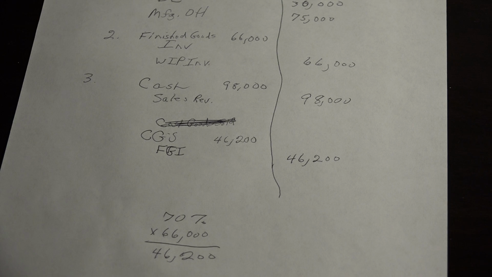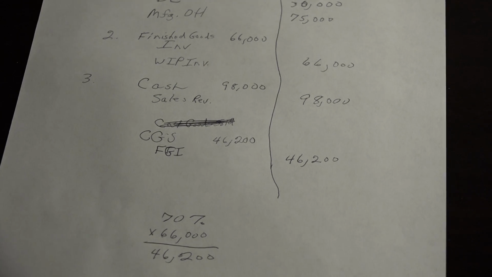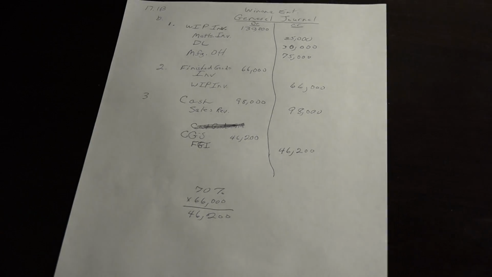I could have given a much harder problem, but I just wanted you to get a feel for what it would be like to account for the processing of manufactured goods as well as sold goods in a manufacturing type of operation. So anyway, the problem is 17.1a.